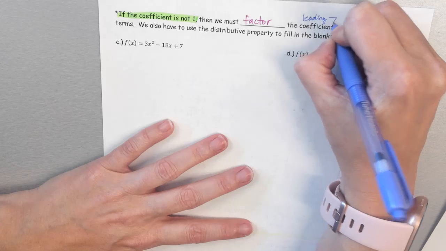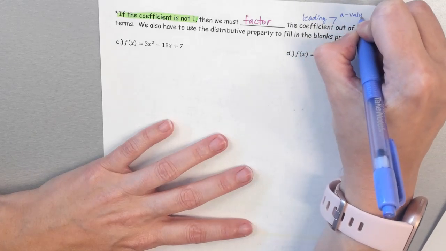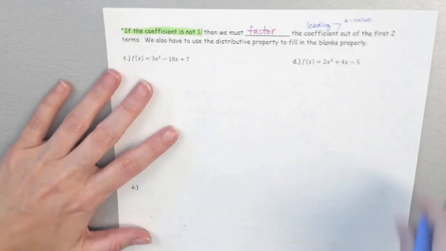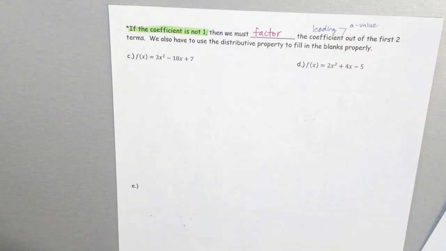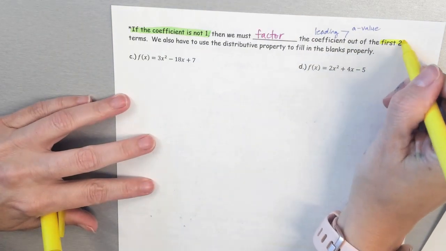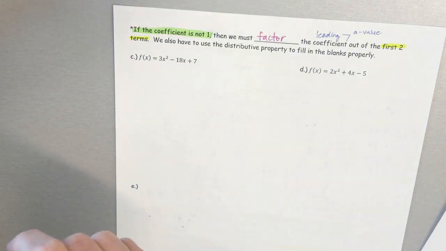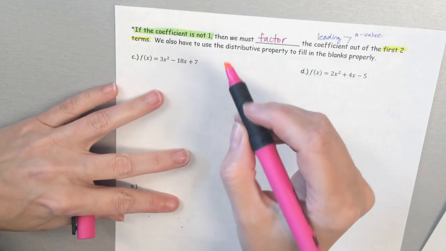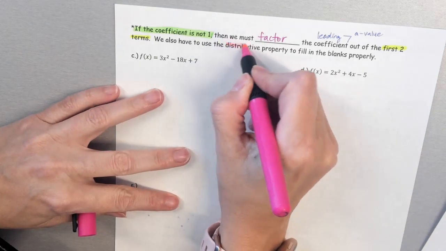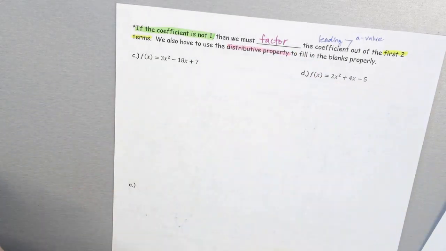So you have to factor the A value out of the first 2 terms. What's going to be different is we are then going to use the distributive property to fill in the blanks, so there is going to be an extra step there.